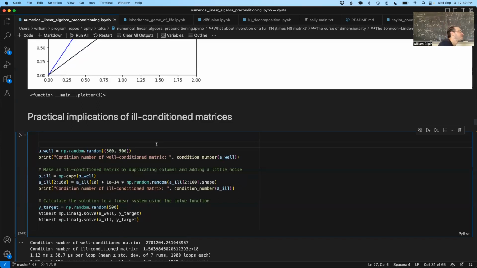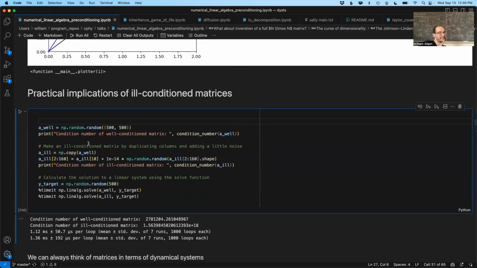What's interesting about the condition number is it actually softens that, because it says that even if I don't have two repeated vectors, if I have two vectors that are close to being repeated, so they're nearly parallel, that still is going to cause problems for me, at least numerically. So here I'm going to generate a giant 500 by 500 matrix, and compute the condition number of that matrix.